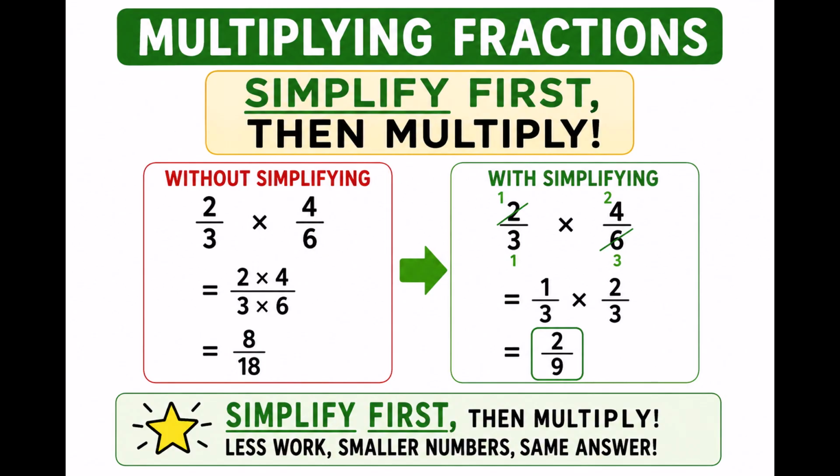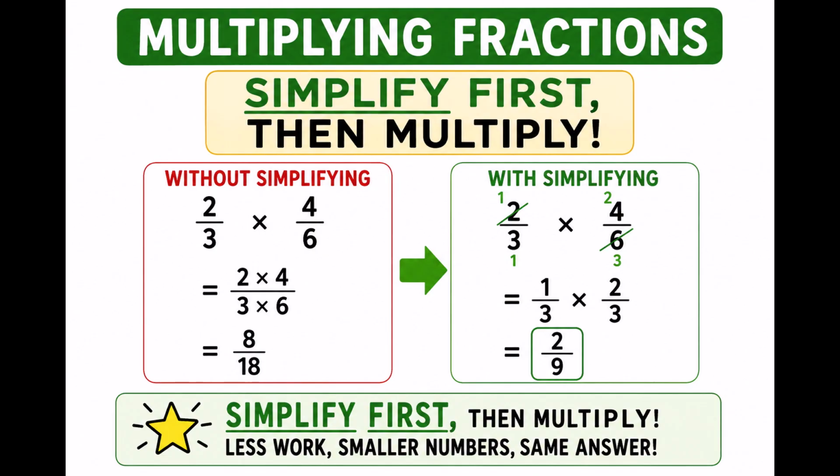So we looked at the second example that says with simplifying. And we said, okay, so we see 2 and 6, right? Across from each other. 2 and 6. All right, so 2 divided by 2 gives me 1. And 6 divided by 2 gives me 3.